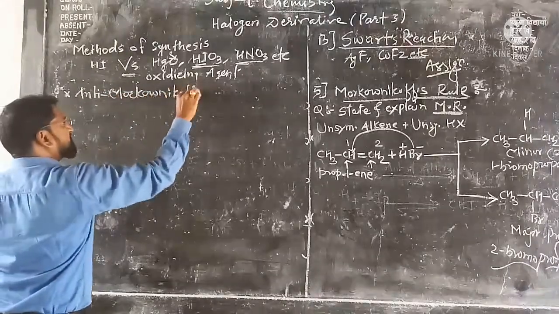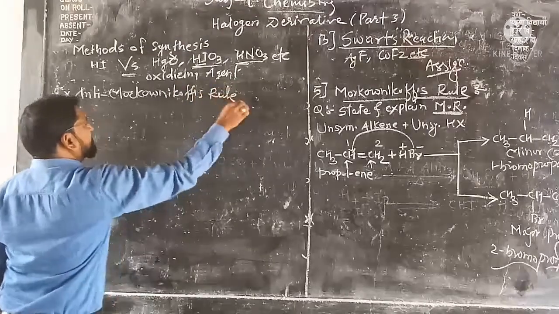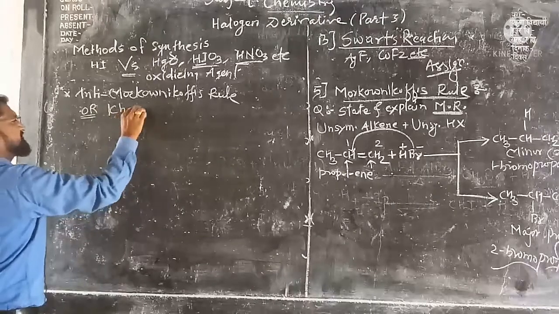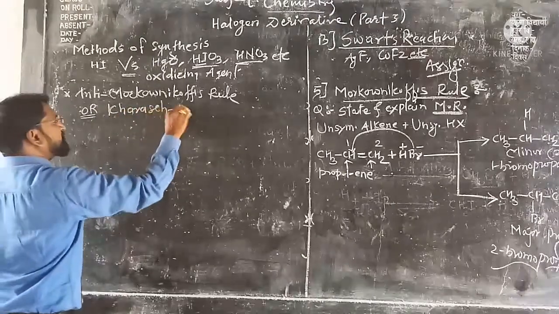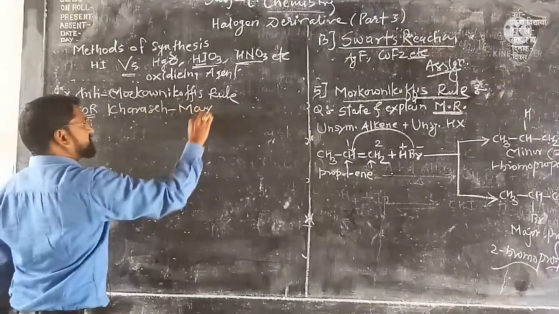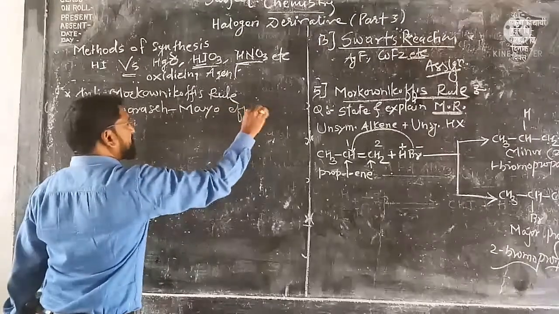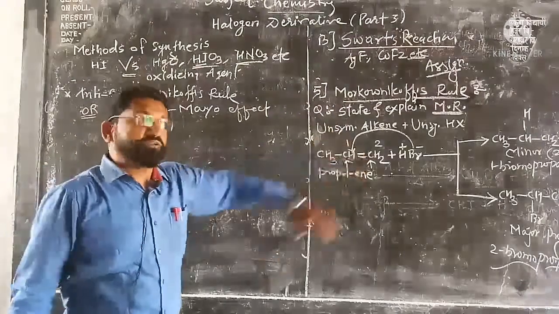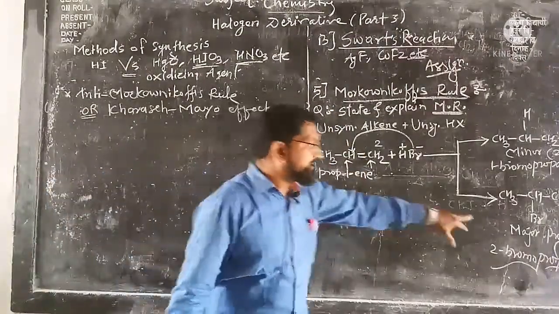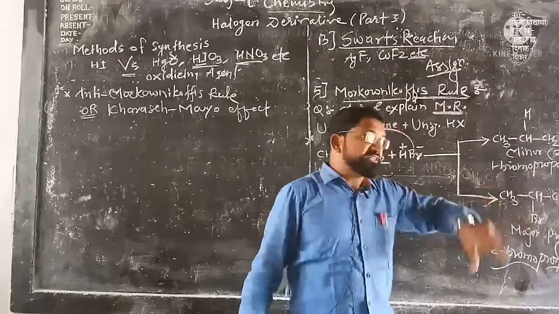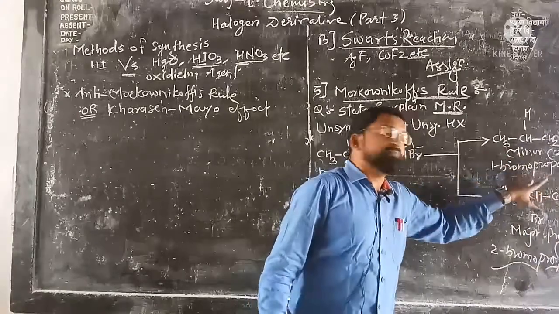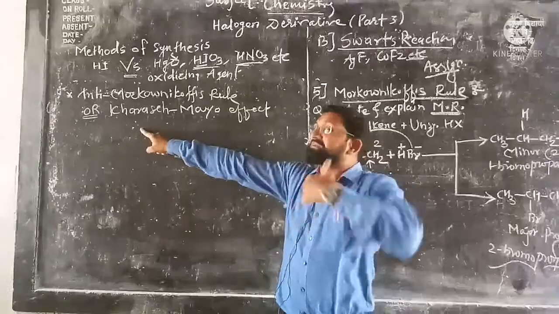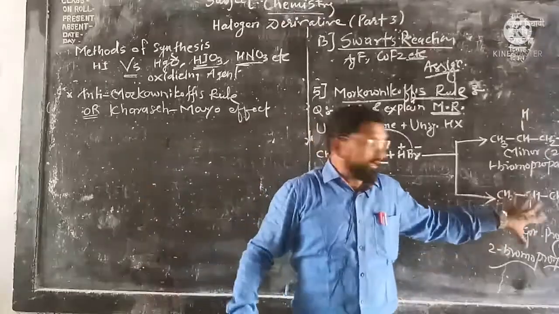This is also known as Kharasch-Mayo effect. Now see here, this will work in the opposite direction to that of Markovnikov's rule. Means you got the idea that here 2-bromopropane is the major product, 1-bromopropane is the minor product. It means that here 1-bromopropane will be the major product, vice versa, opposite of that.